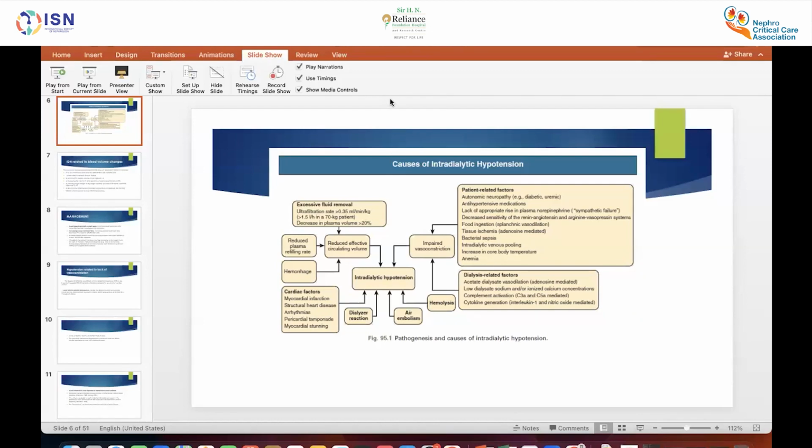So if you give 1 liter of dextrose, it will be redistributed: 666 ml will go inside the intracellular compartment, and 333 ml will go into the extracellular compartment.